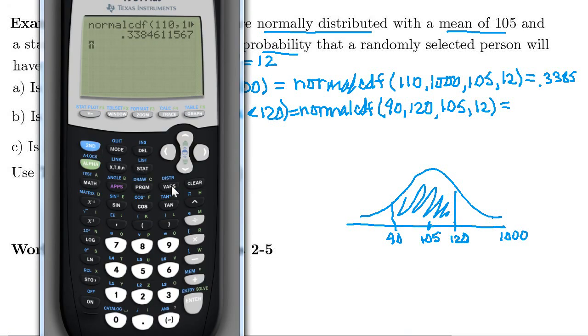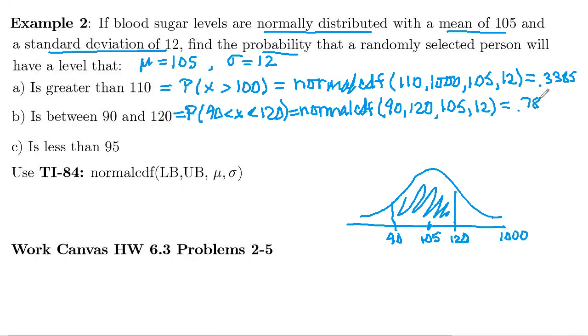So this will be second variables, option 2. Our lower cutoff is 90. Enter, upper cutoff 120. And then mean and standard deviation stay the same. So 0.7887. So that's what this area is, almost 79% of the area.